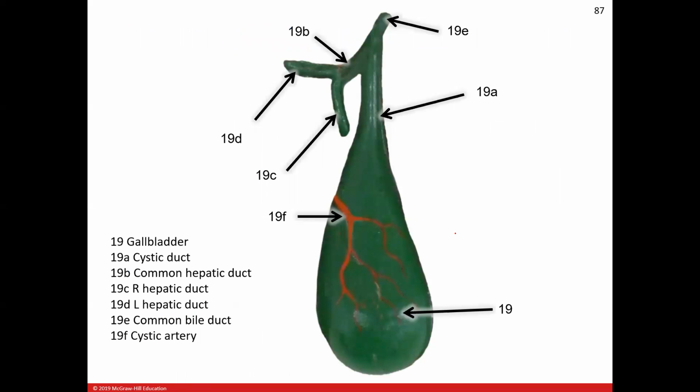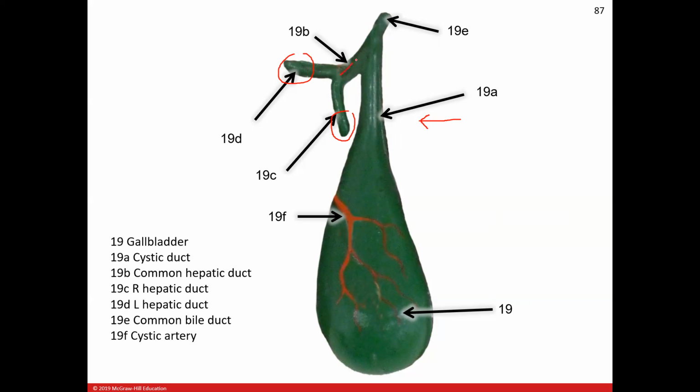So here's a nice picture. You can see the gallbladder. We have our cystic duct here, which is going to drain bile from the gallbladder, and it'll empty it into the common bile duct. And you can see you have two ducts here that come from each lobe of the liver. You've got your right hepatic duct and your left hepatic duct. Both of those ducts converge and form the common hepatic duct.